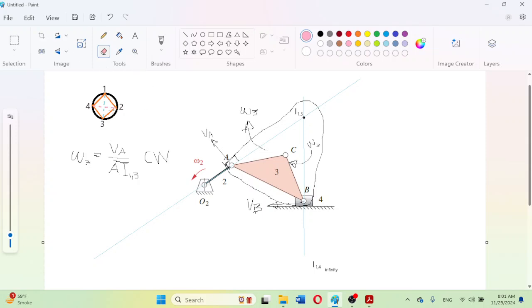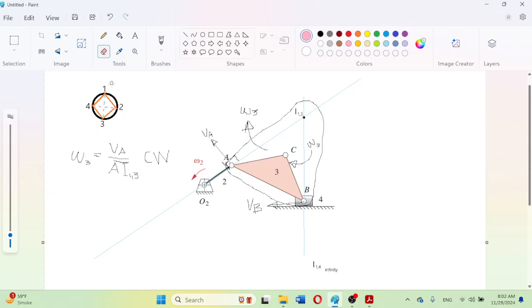So instant center 2,4 will be calculated. How? We will be using these two trios, 1 2 4 and 2 3 4.